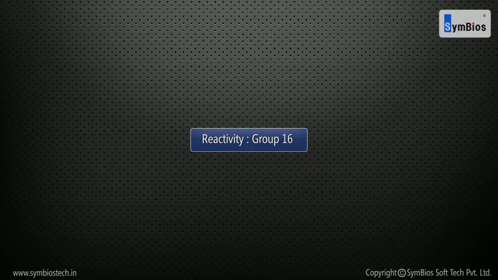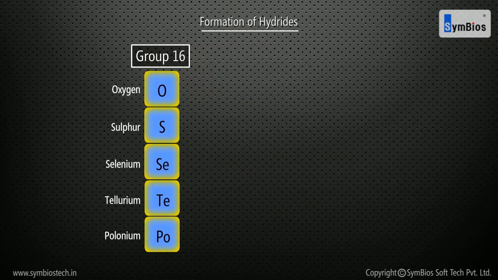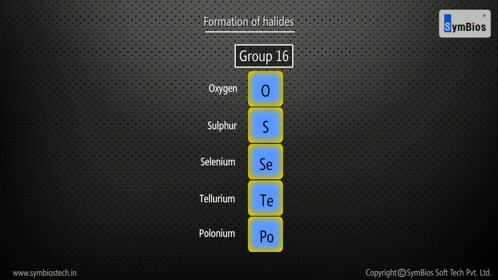Reactivity of Group 16. Formation of hydrides. All the elements of Group 16 form hydrides of the type H2M, where M is equal to O, S, Se, Te or Po. Formation of halides.